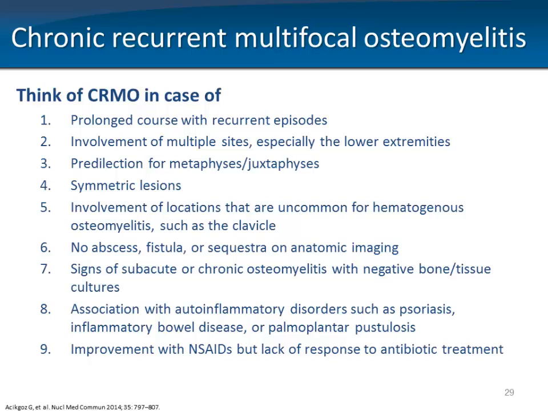Again, you do not really see the changes you would expect with longer existing osteomyelitis, so no abscesses, fistula, and so on. Cultures are negative, or there is an association with autoinflammatory disease, and it improves with non-steroidal anti-inflammatory drugs, but it does not respond to antibiotics.